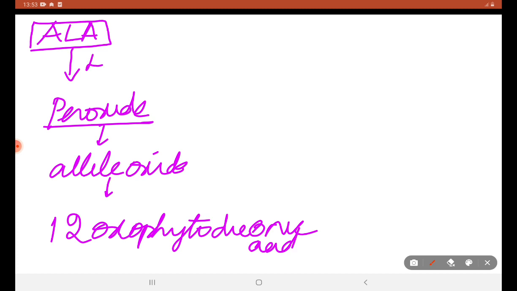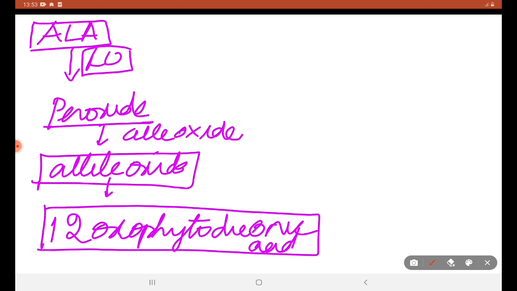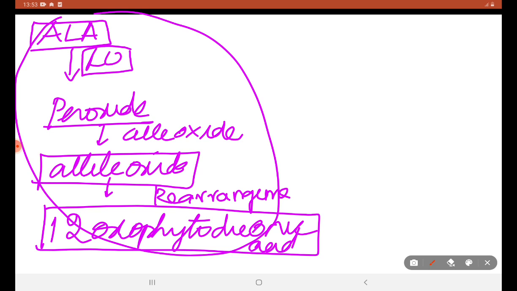Here the enzyme involved is lipoxygenase. Then the enzyme involved is allene oxide synthase. Cyclization occurs with allene oxide cyclase. Rearrangement occurs. All these occur in the plastid.